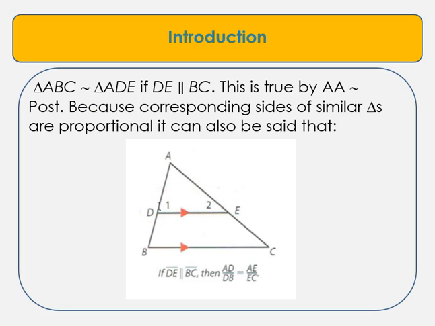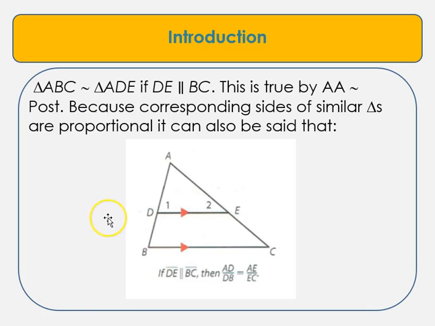AD will be in proportion to DB, and AE will be in proportion to EC. So instead of comparing the left side of the large triangle, we're just comparing the left side of the small triangle to the lower piece of the left side of the large triangle.